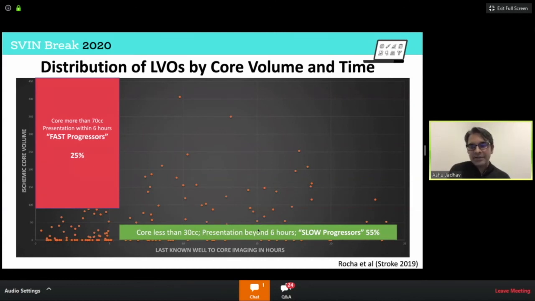Using this definition, he is able to roughly estimate the frequency of fast and slow progressors. You can see, at least in our single center analysis, 1 in 4 patients are fast progressors, and a little bit over half of patients are slow progressors. So this gives us some sense that slow progressors are probably more common than we realized prior to this analysis.